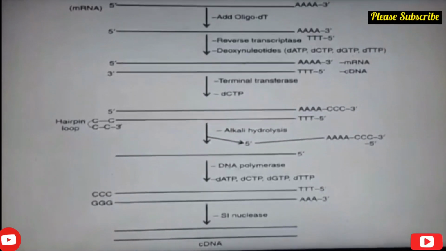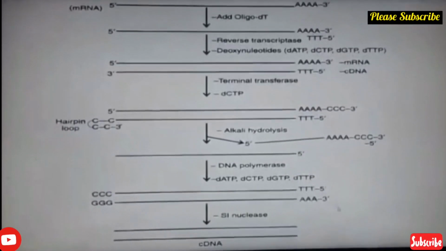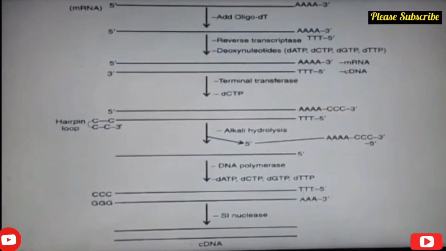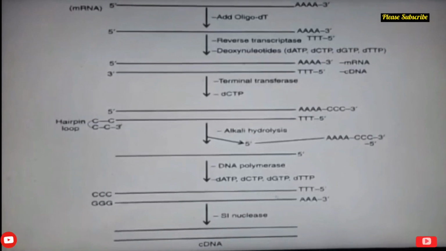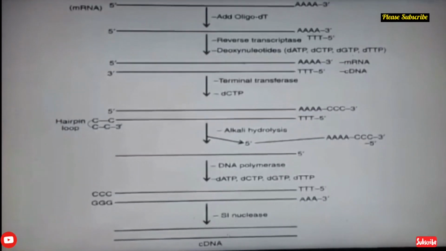DNA polymerase 1 will add all these deoxynucleotides one by one towards the 3' end of the primer. Okay, so double-stranded DNA formation will take place.